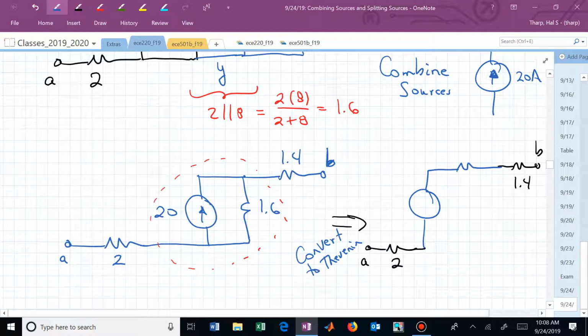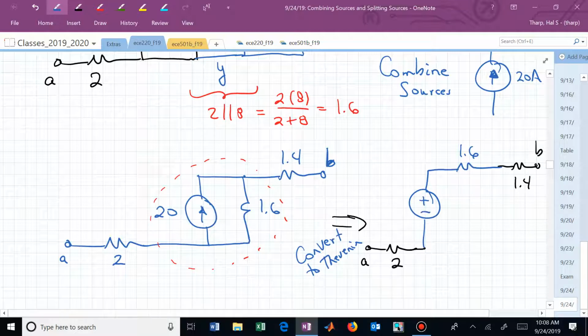What do I do in the unlabeled elements? Can I label them? What's the resistor value? My R doesn't change in going from Norton to Thevenin or Thevenin to Norton, so this is now 1.6. What about my voltage polarity? Plus on the top or plus on the bottom? Needs to be consistent with the 20.